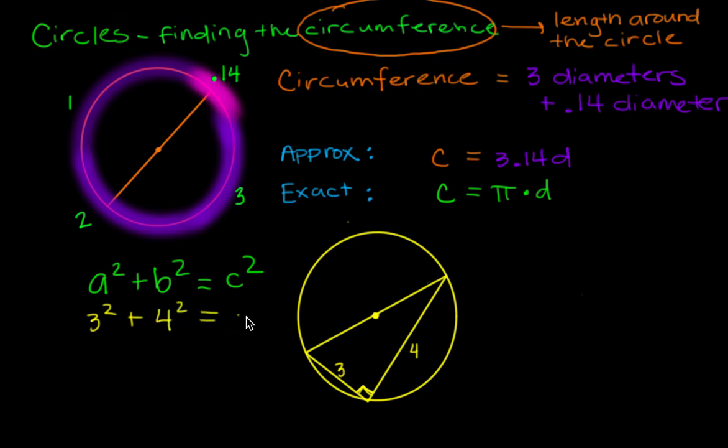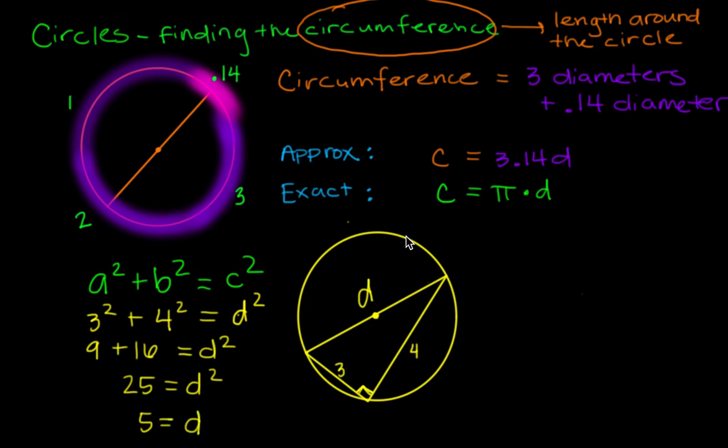And our c, well, we don't know what c is, but I want to call it the diameter, so d. So instead of writing c, I can write it as d to the power of 2. And then we simplify. 9 plus 16 is equal to d to the power of 2, or 25 is equal to d to the power of 2. Square root both sides of the equation, and we find out that the diameter is just equal to 5.